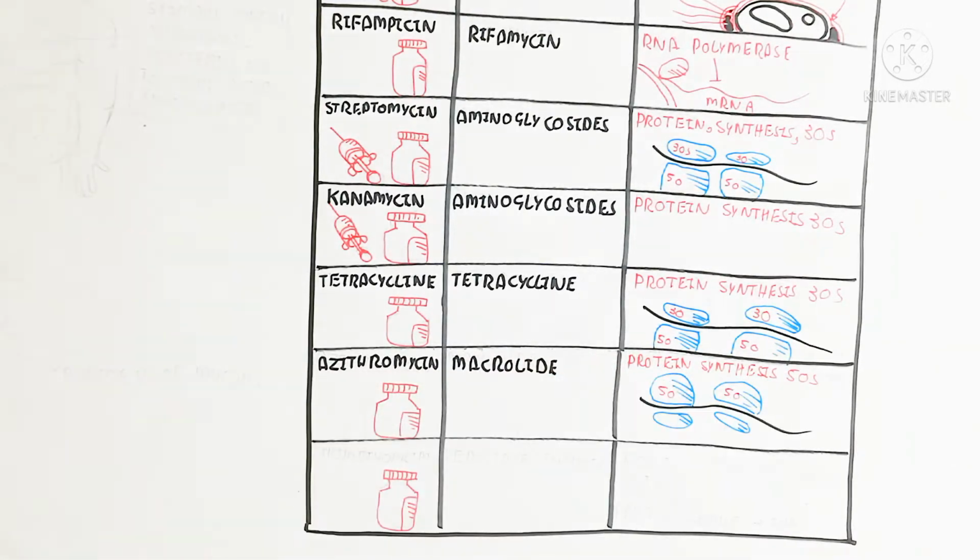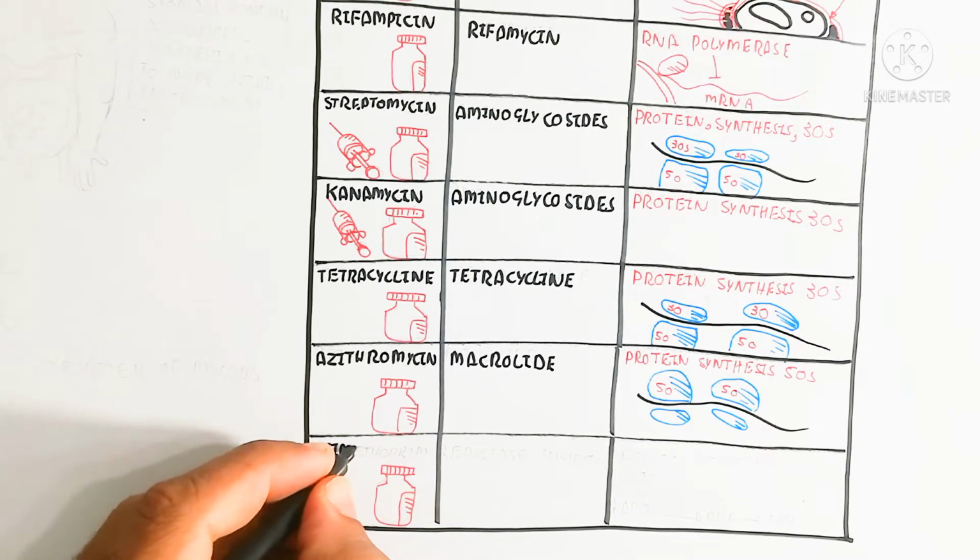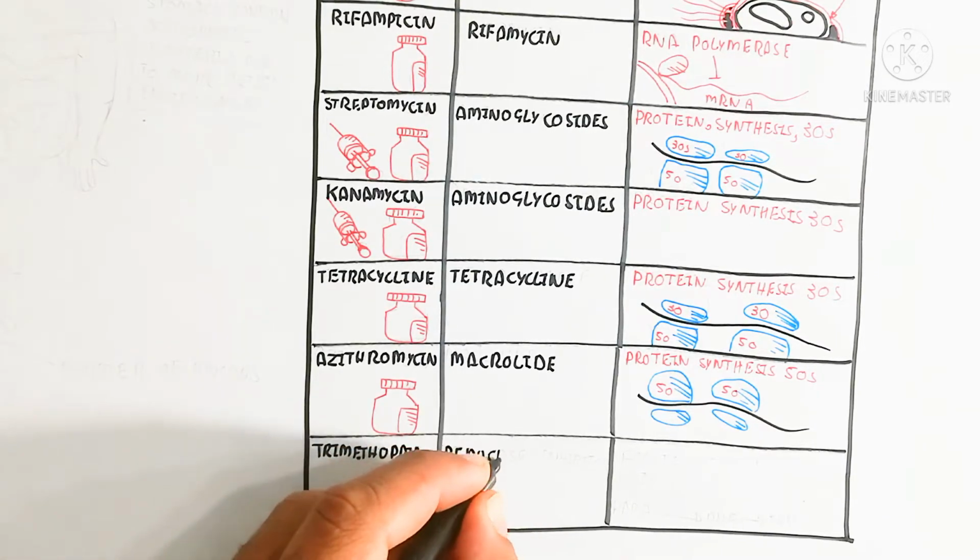So the machinery of protein synthesis, or translation, is inhibited.